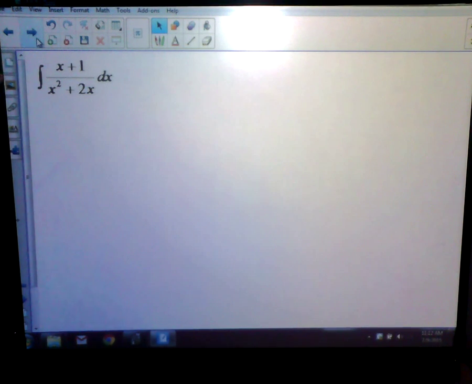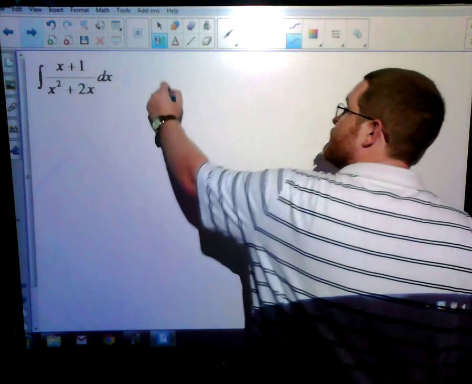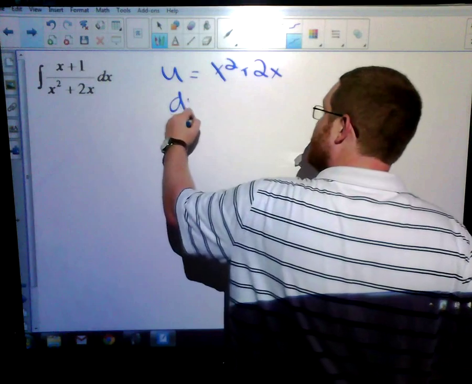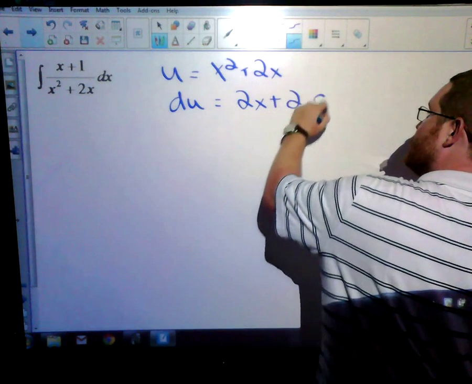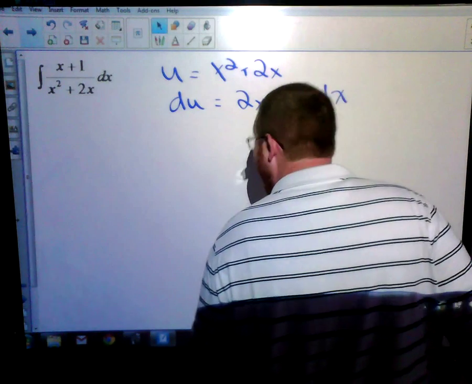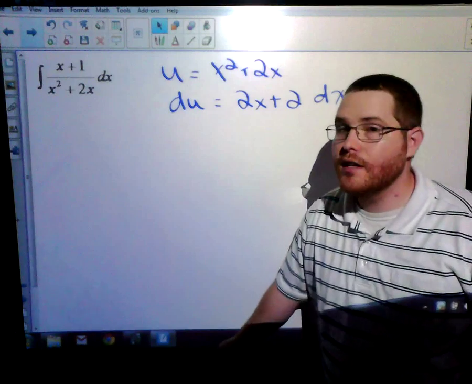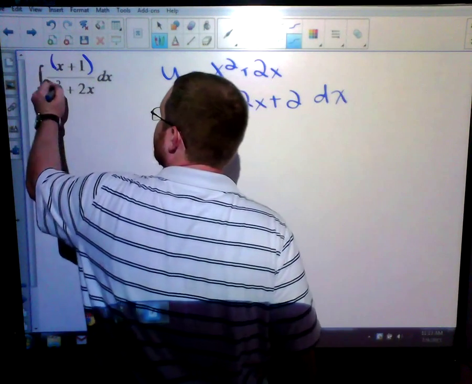How about a problem like this? What's inside of something? x squared plus 2x is inside of something. It's inside of a negative 1. du is (2x plus 2) dx. Do I have a 2x plus 2 dx? No, I have a 1x plus 1 dx. So what can I multiply everything by? 2.